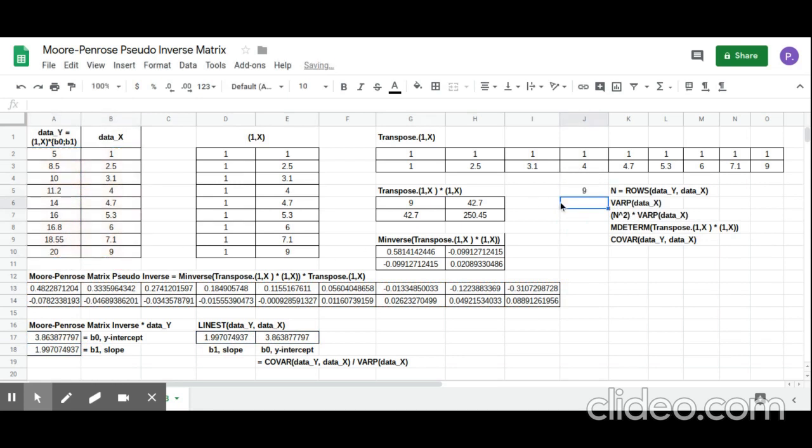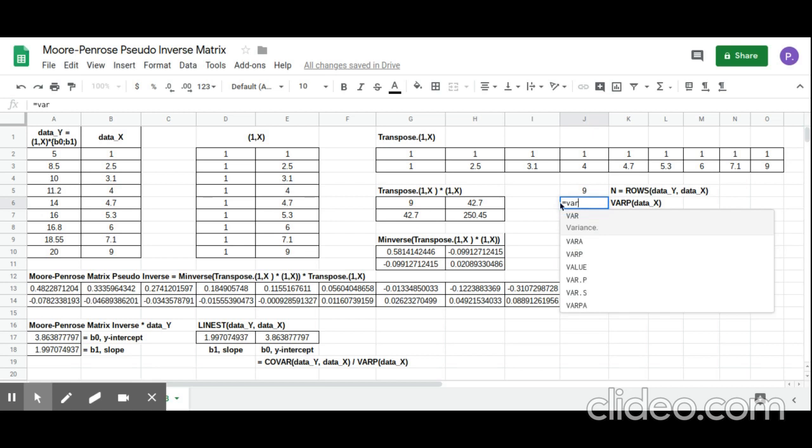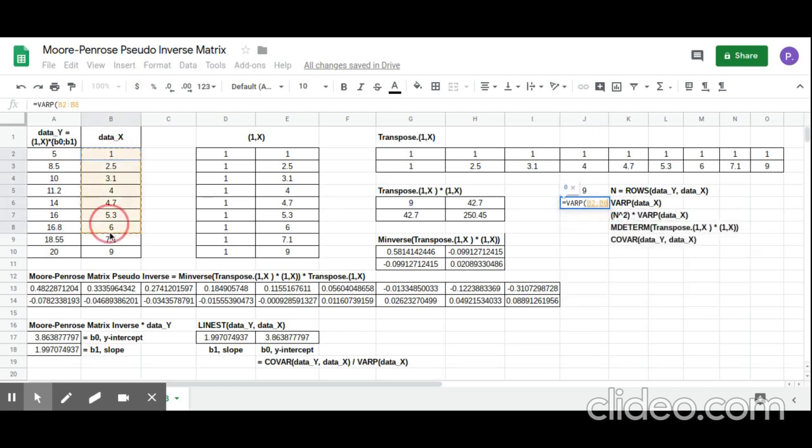So 9, variance of population x, and from here we can use this formula where you have this equal to square and multiply with the population variance. This value can be determined using the determinant of this matrix.